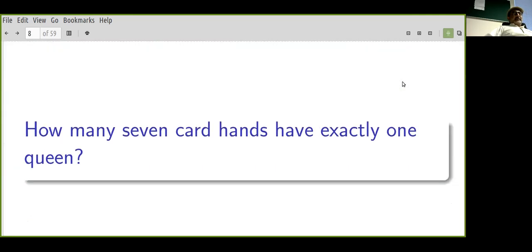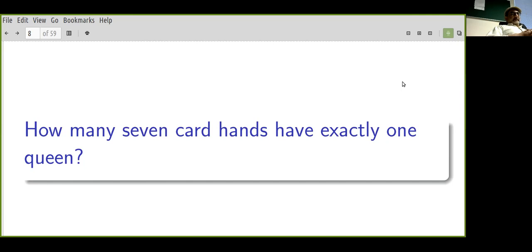Okay. Let's generalize a bit. How many 7-card hands have exactly 1 queen? Well, there are 52 choose 7 hands, we know that. How many 7-card hands have exactly 1 queen? Well, out of 4 queens, we need to choose 1. So let's think about this process.